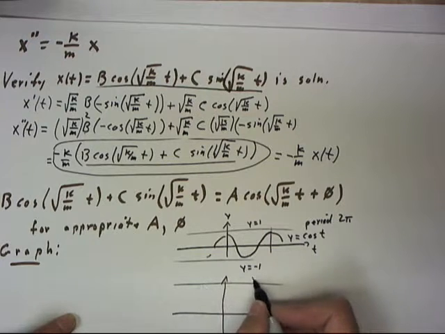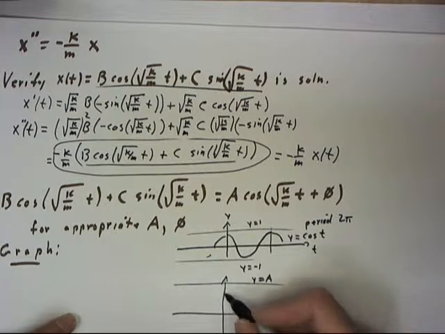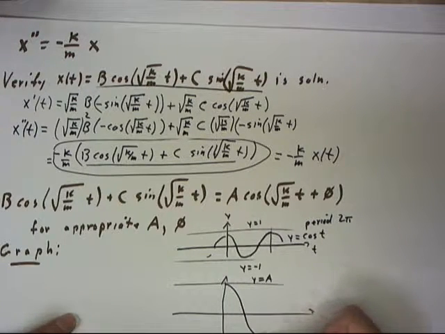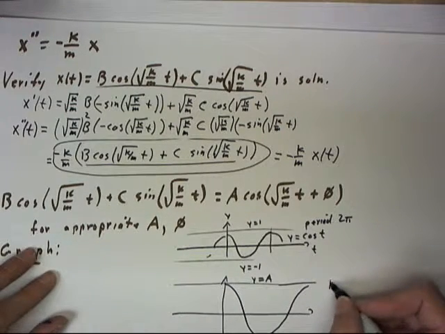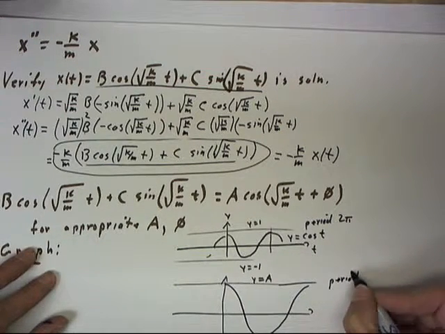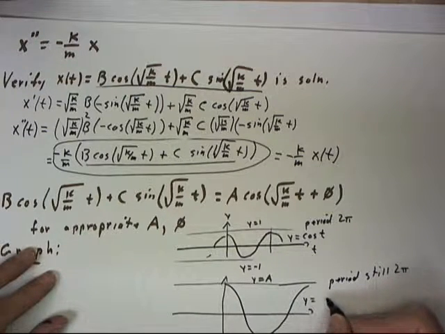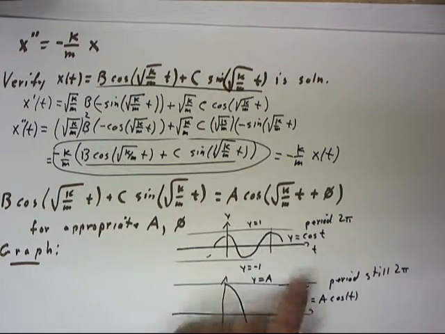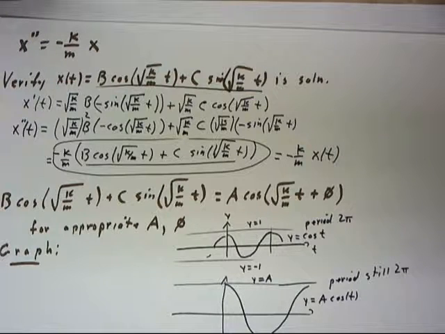So we can represent that as an oscillating function between y equals negative a and a, a function of this nature. The period is still 2 pi, and this is the function y equals a cosine of t. Now we'll see in a minute what the square root of k over m and the phi do to this function.